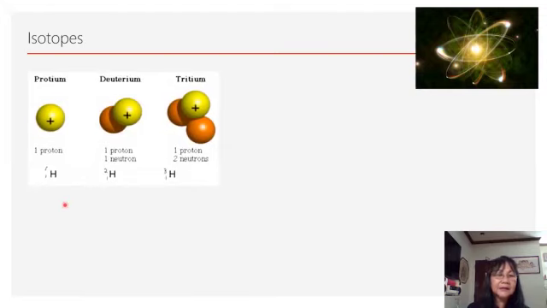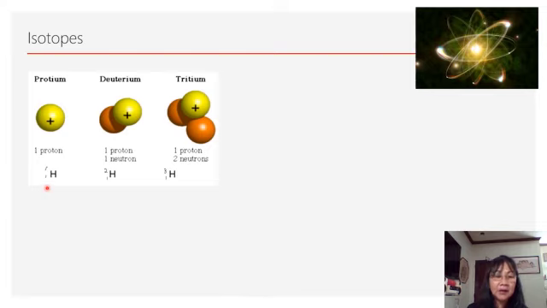So these are examples of some of the elements having isotopes. So hydrogen has 3 naturally occurring isotopes, stable isotopes. So protium is the most stable and the most abundant isotope of hydrogen. It has a mass number that is equal to 1 and an atomic number that is equal to 1.